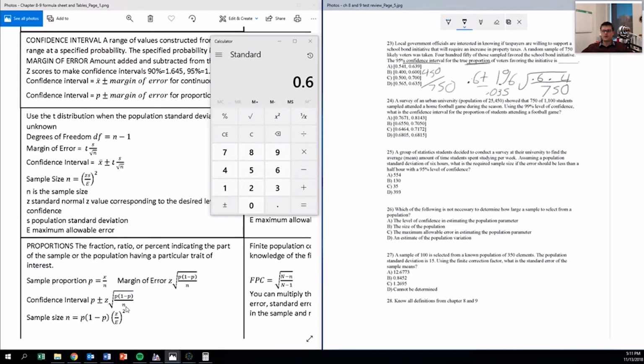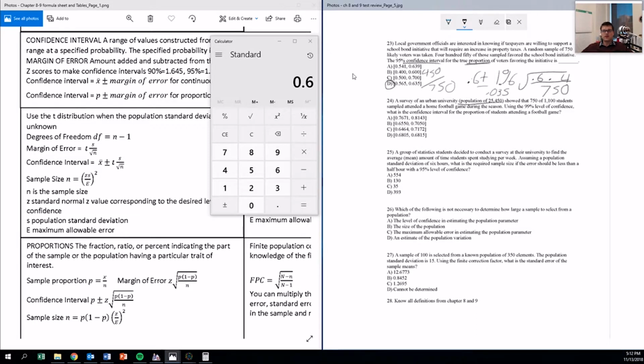Okay. 24. Survey of an urban university. We've got a population of 25,450, and then showed that 750 of 1,100 students. So they took a sample of 1,100 students, and 750 of those attended the home football game during the season.